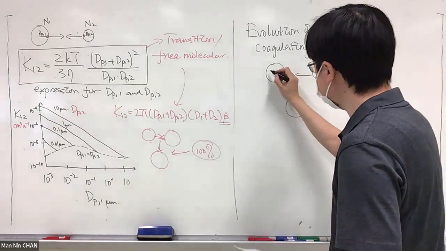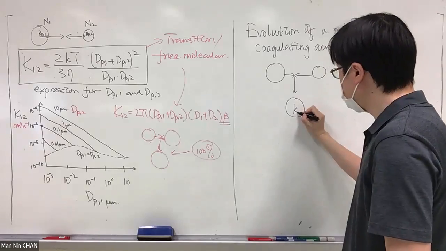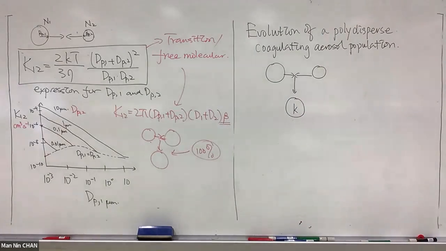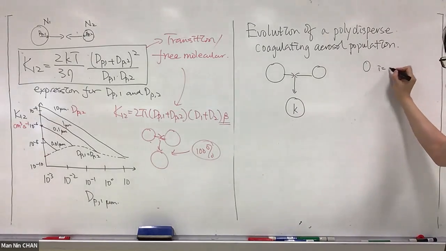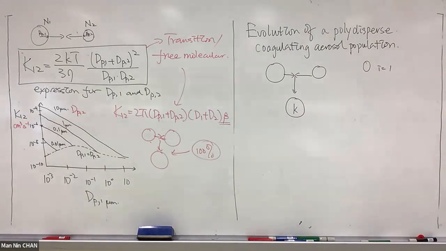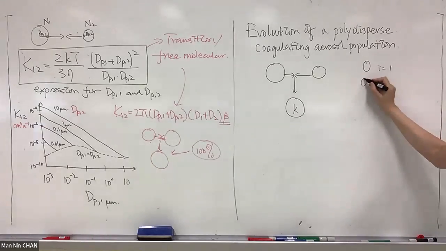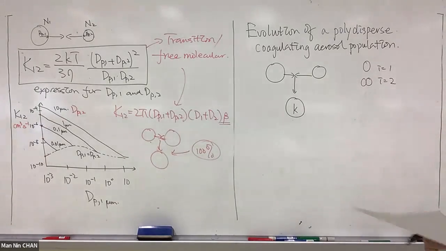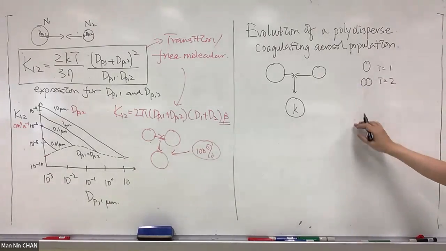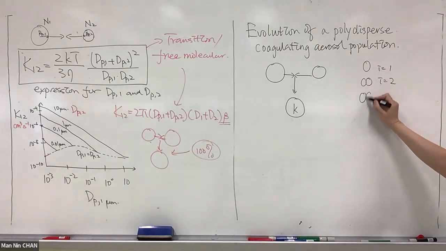So basically, if I want to form a k-mer, k-mer means, for i equal to 1, you have only one particle; for i equal to 2, you have a dimer of just two particles sticking together.